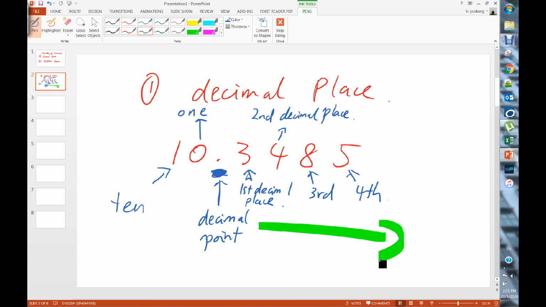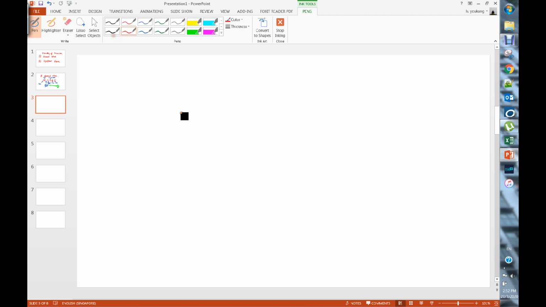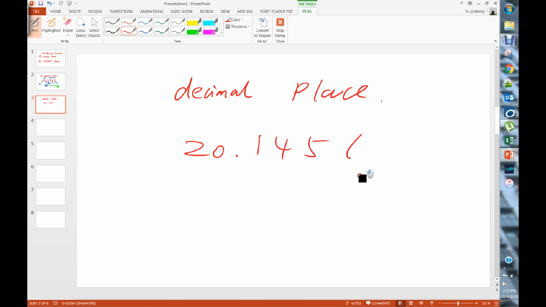Let me give you one more example on decimal place. 20.1456. First what you need to do, find the decimal point. Here is your decimal point. Then you can go to your left hand side first.